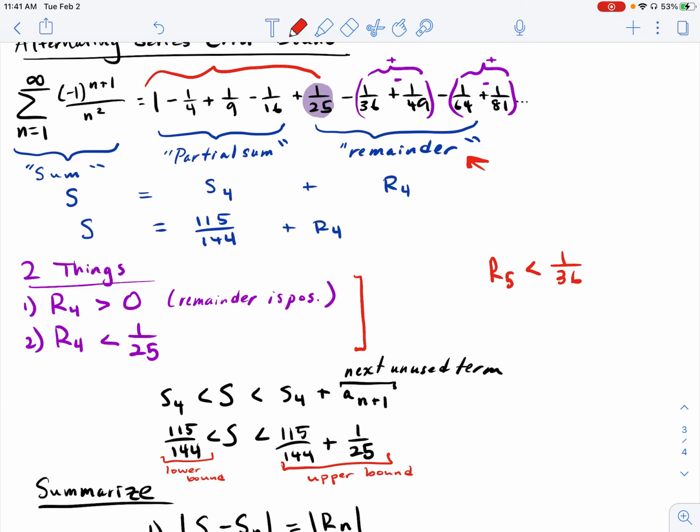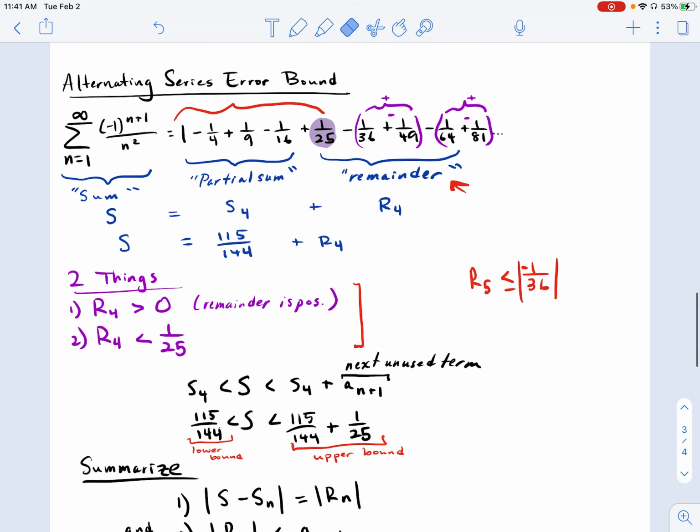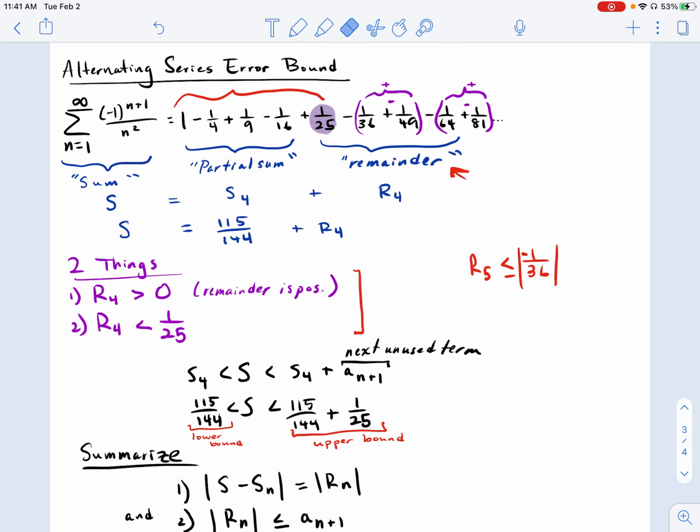Or I should say less than or equal to the absolute value of negative 1 over 36. And so that doesn't change. So over the course of the next couple of problems, or in the rest of this lesson, we're going to be looking at approximating the value or the sum of alternating series, and also getting a sense of how good that approximation is by looking at its error.